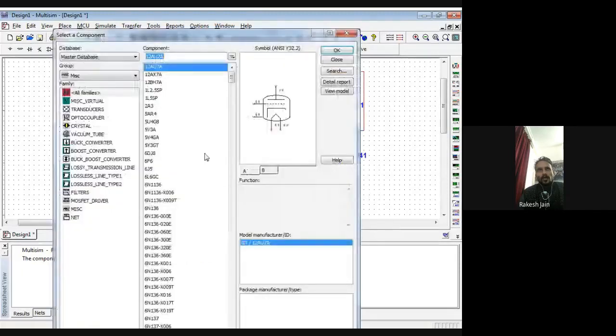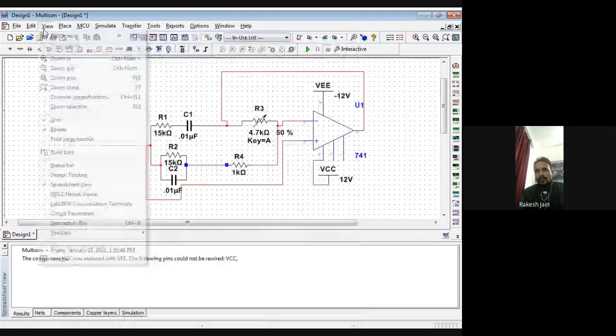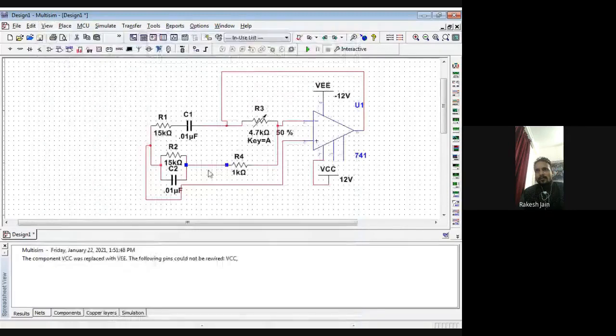Kindly wait, we just have to put wire. So go to place and then wire. Okay, directly connected the CRO so that you will understand.